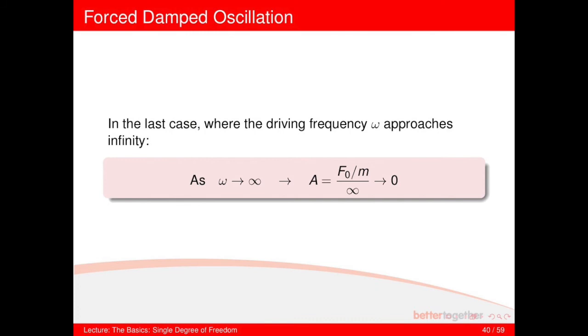Then, in the case where the driving frequency approaches infinity, our A equation will end up being F naught divided by m divided by infinity, and obviously that's approaching 0. You start off when omega is very low at your static displacement, and then as omega goes to infinity, your displacement goes down to 0.